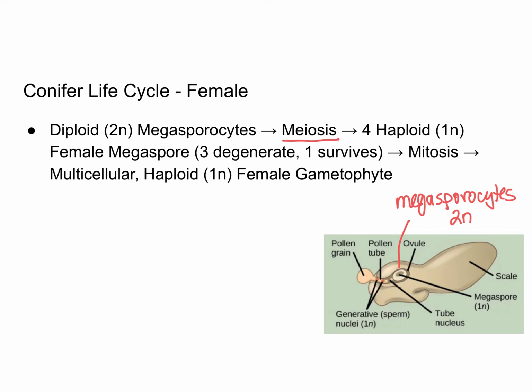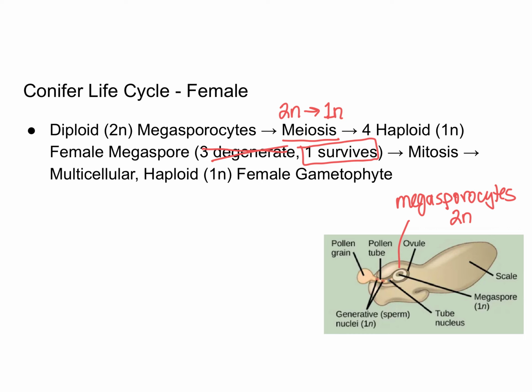And meiosis is the process that can take a diploid cell and essentially make haploid daughter cells. So this megasporocyte goes through meiosis to form 4 haploid female megaspores, and these are the daughter cells of meiosis. Now 3 of these cells degenerate, so these are useless, but one survives, and this is typically the bigger, stronger of the daughter cells.